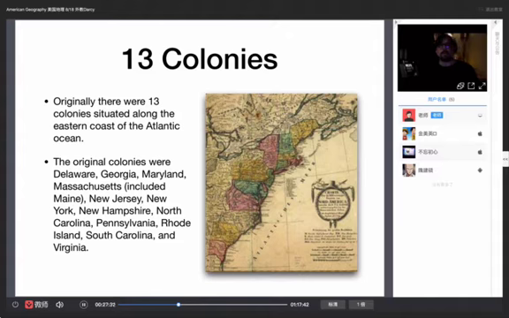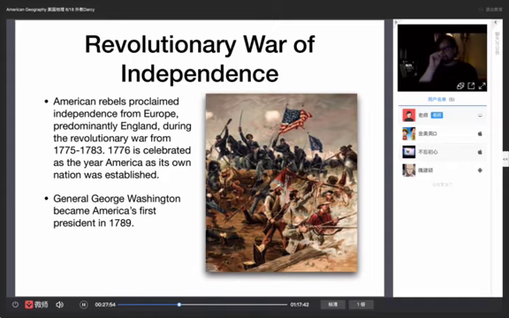Originally, there were 13 colonies situated along the eastern coast of the Atlantic Ocean. The original colonies were Delaware, Georgia, Maryland, Massachusetts, New Jersey, New York, New Hampshire, North Carolina, Pennsylvania, Rhode Island, South Carolina, and Virginia.